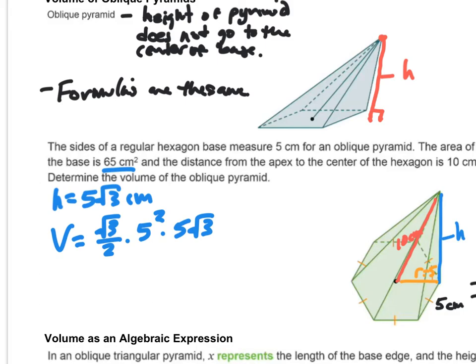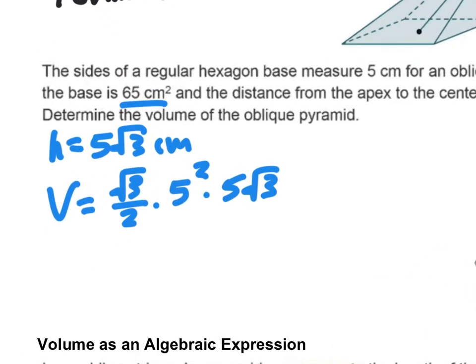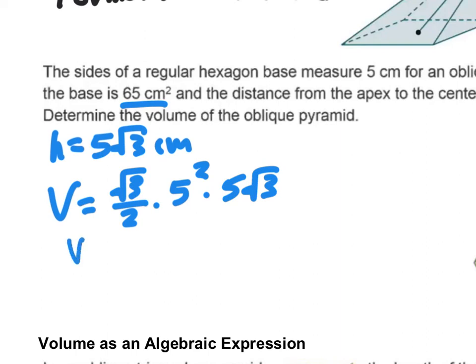This actually works out kind of nice. If we evaluate this, the square root of 3 over 2 times 5 squared, which is 25, times 5 again is 125 over 1, times the square root of 3 over 1.